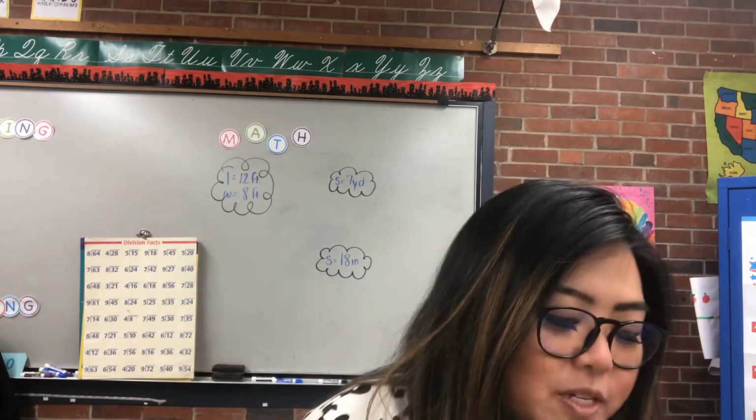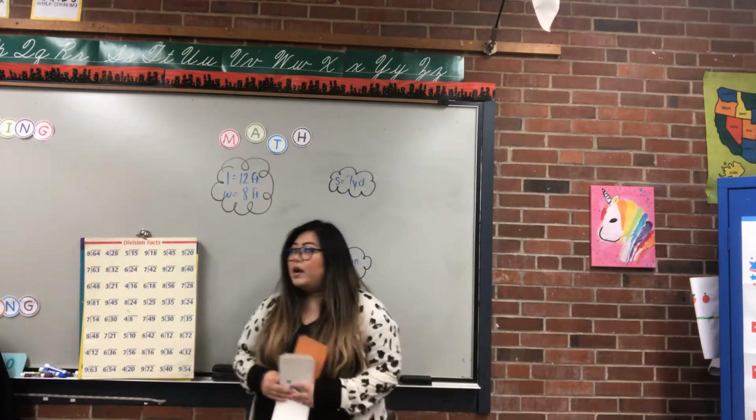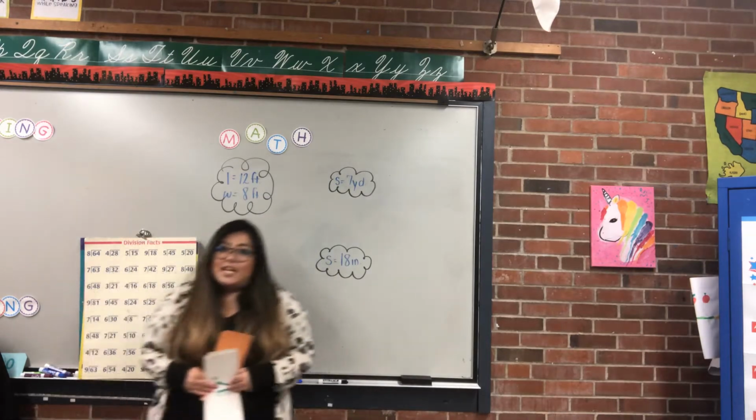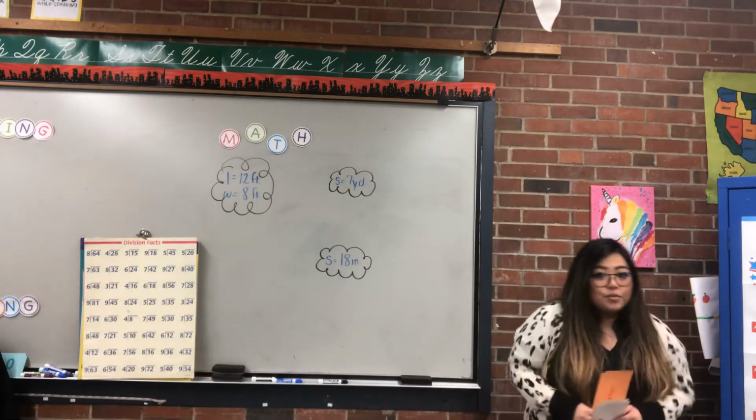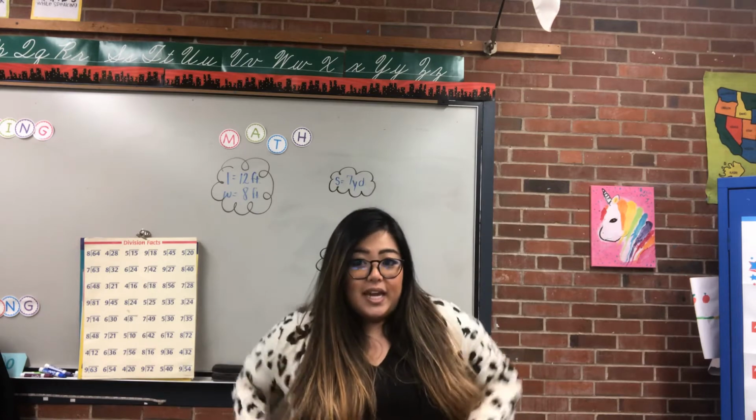Now, yesterday we talked about perimeter. Perimeter is the distance around. So if we're looking at our room right now, perimeter is going on the outside edges of the room and going completely around. That is perimeter. Now this room is the shape of a rectangle, so if we're trying to find the perimeter of this, we plug in our formula.